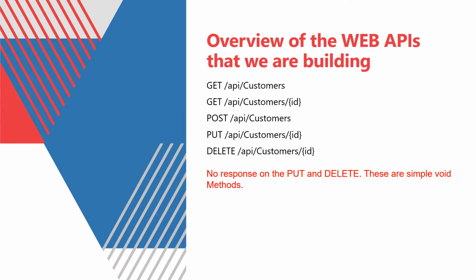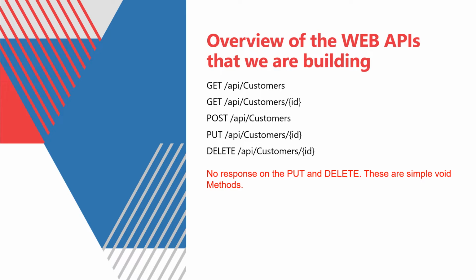So basically, as I said, we'll be building a simple web API to explain the concepts, and then after that, we will join with another, more complex course with web APIs. But one thing at a time. We'll be building the customers web API at this point, which will have two GET methods: the first one will get all the customers, the second one will get a customer by ID.